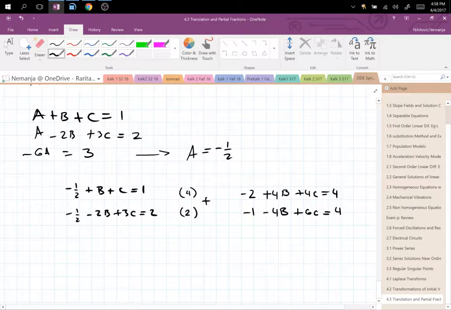So now when I add equations, I get negative 3, this dies, plus 10C is equal to 8, 10C is equal to 5, C is 1/2. So C is 1/2, they cancel, so B is 1.